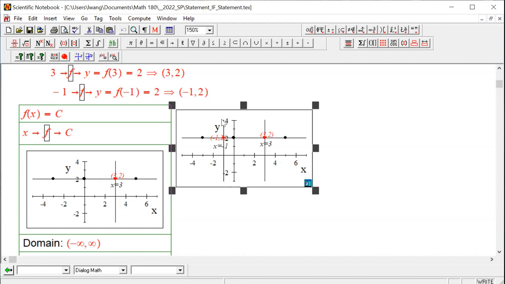When input is -1, we draw a vertical line x equals -1, and the crossing is -1, 2, indicating input, output. So this is the common theme of how function notation is used.